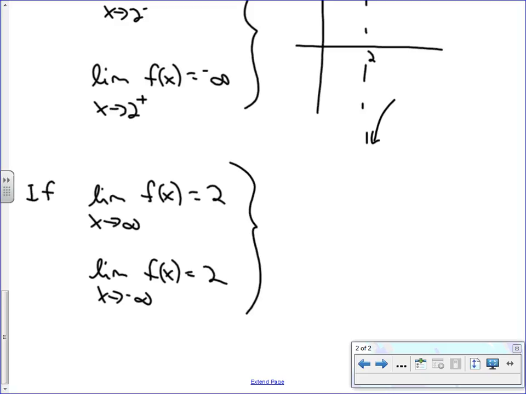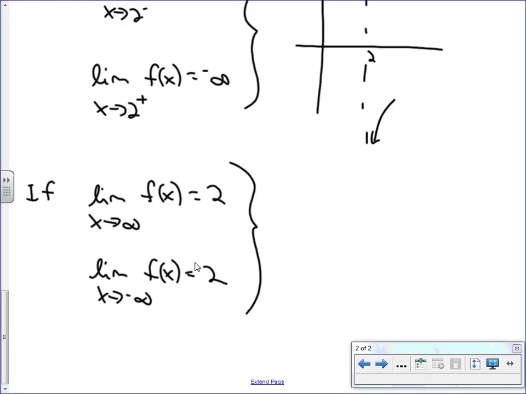Look carefully at the difference in those two, because they are not the same thing. So a vertical asymptote deals with approaching an x value, a specific value.